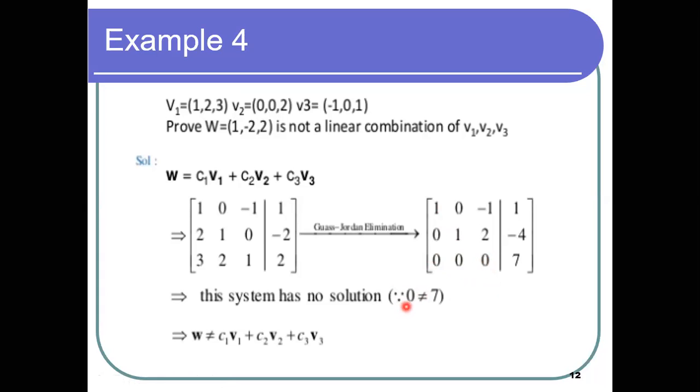In that case, 0 is not equal to 7. There is no solution. So W cannot be written as a linear combination of these vectors.